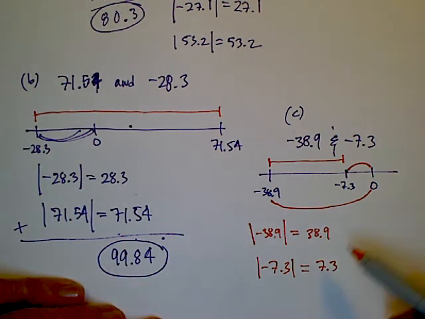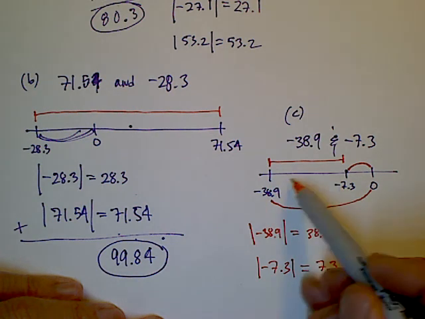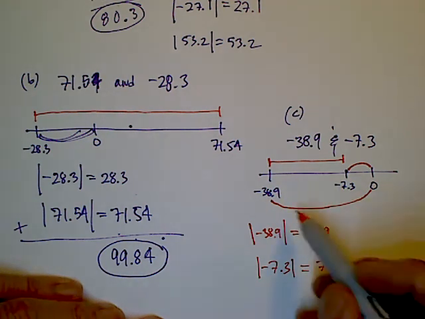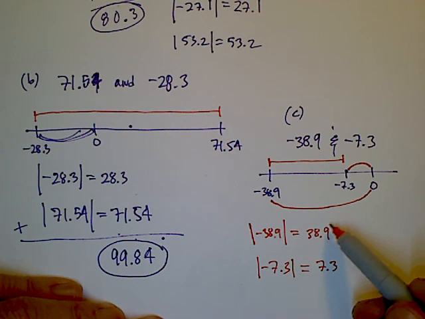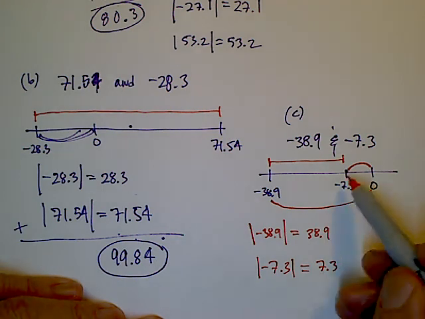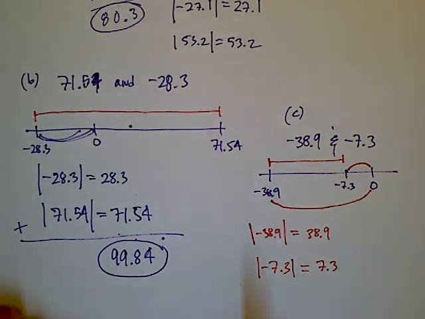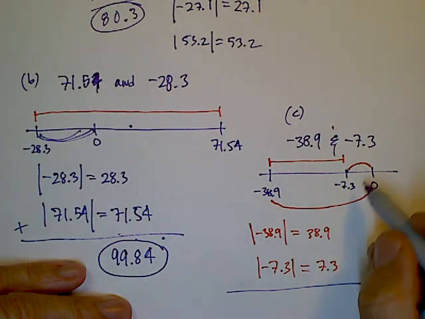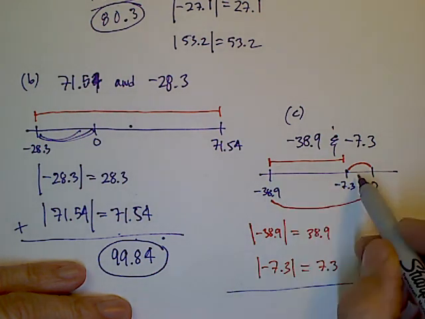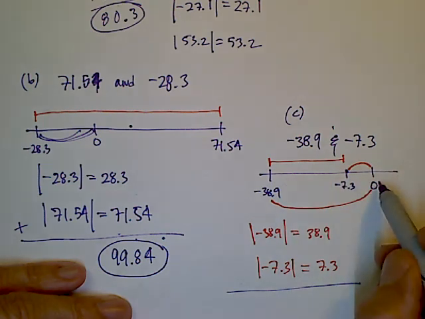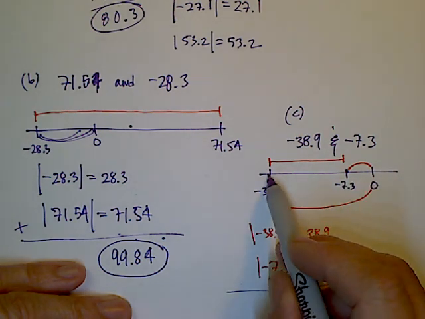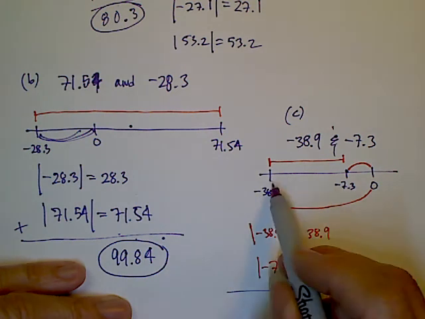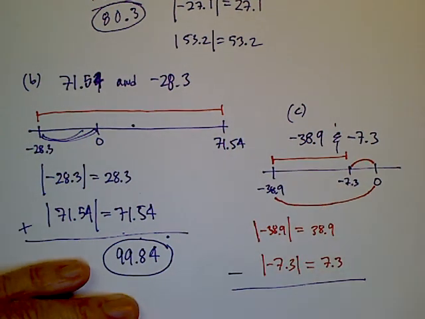So how do I find the distance between those two? Well, this distance minus this distance would give me what's left over, correct? Do you see that? Instead of adding these two, because I'm not trying to find the total distance of one and the other together, I'm wanting to find the space in between these 2 points, which means subtracting.